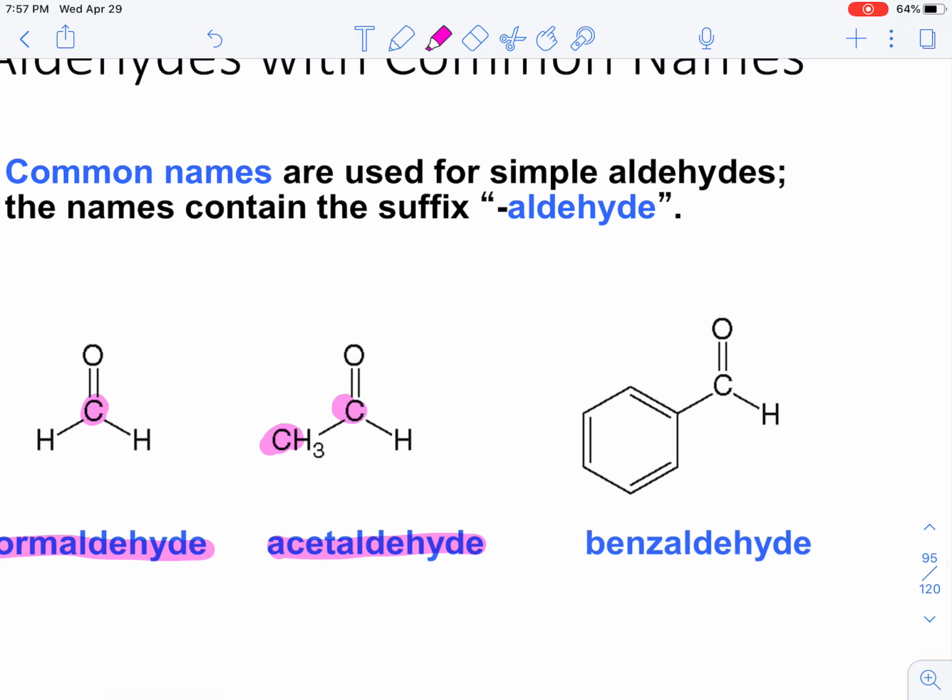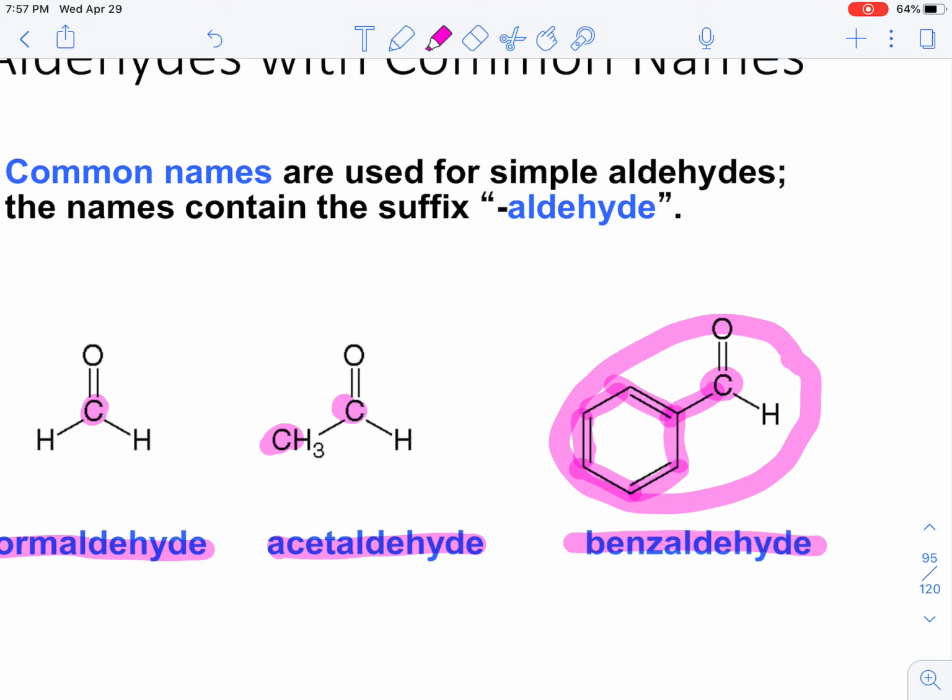If you have a benzene ring and directly attached to that benzene ring is an aldehyde, then this whole structure, its common name, can be simplified to just benzaldehyde.